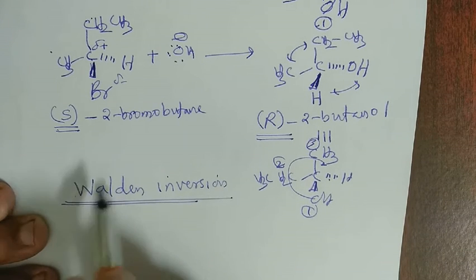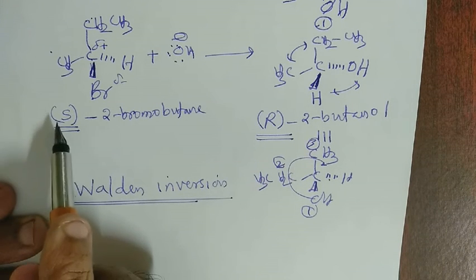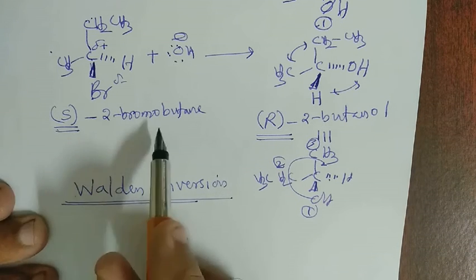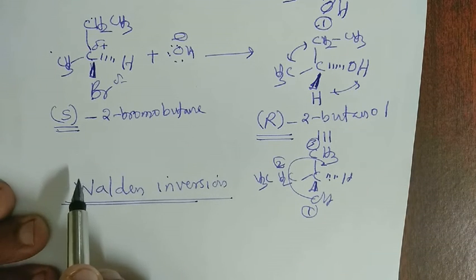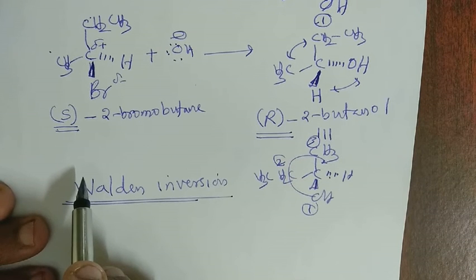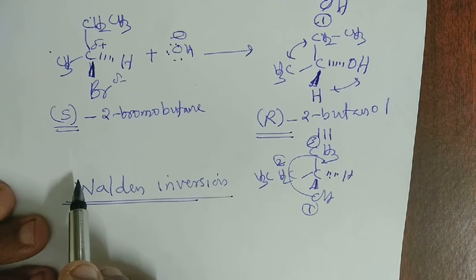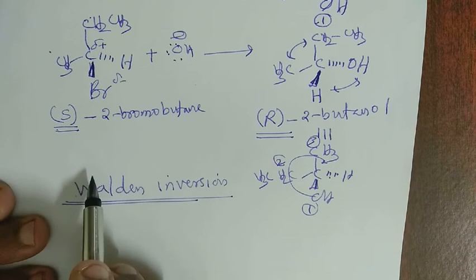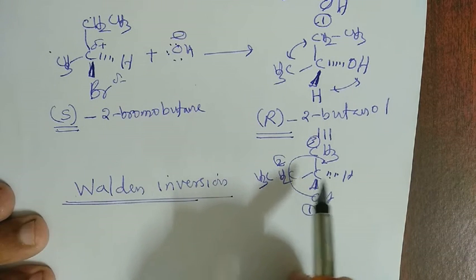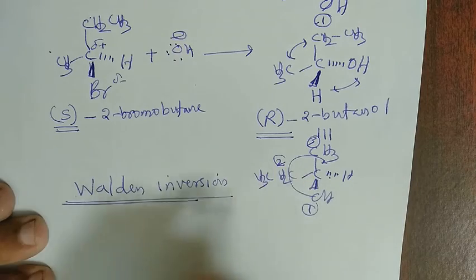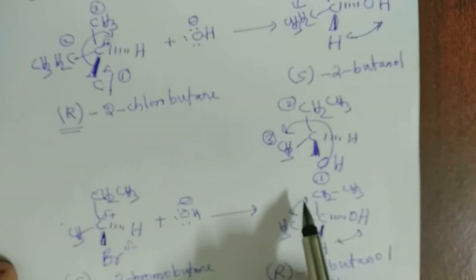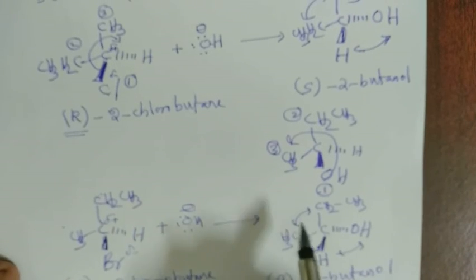Walden carried out experiments with R and S enantiomers of 2-chlorooctane and found that SN2 reaction is accompanied by complete inversion of configuration. That is, the R isomer of alkyl halide gives the S isomer of substitution product and vice versa. So during an SN2 reaction, complete inversion of configuration takes place.